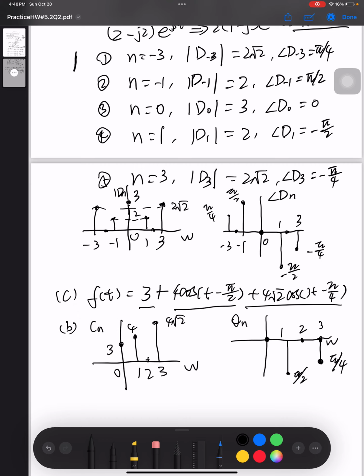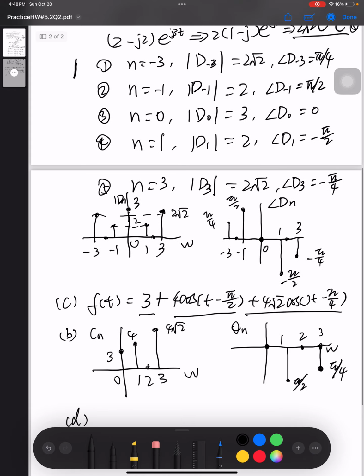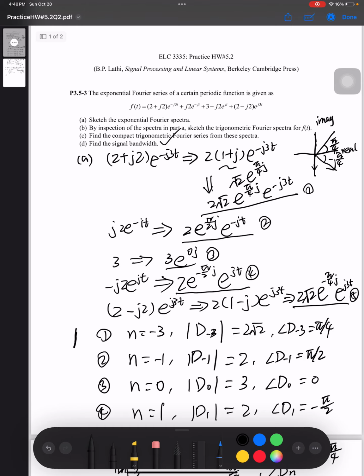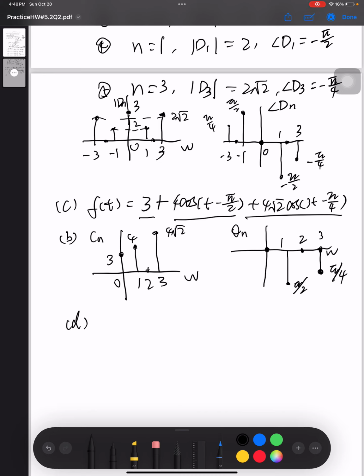And for the last question, find the signal bandwidth. According to the definition, the bandwidth of a signal is the difference between the highest and lowest frequencies of the spectrum components of the signal. The lowest frequency is 0 and the highest frequency is 3.